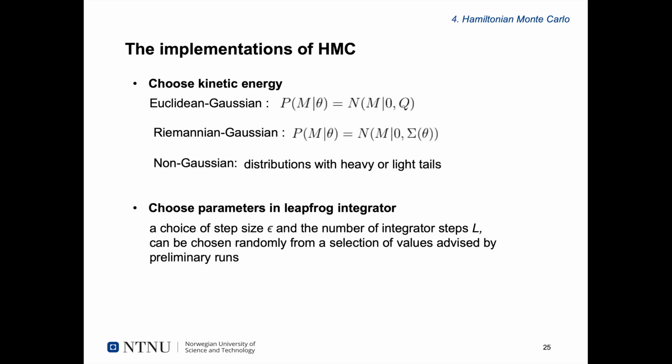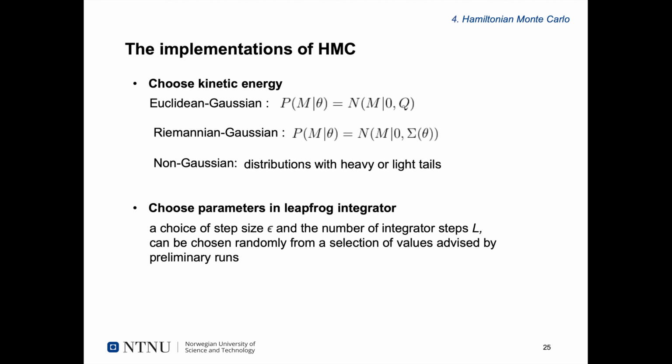Similarly, if L is too small, the trajectory traced out in each iteration will be too short and the sampling will devolve to a random walk. If L is too large, the algorithm will do too much work on each iteration, which might even end near its starting point.